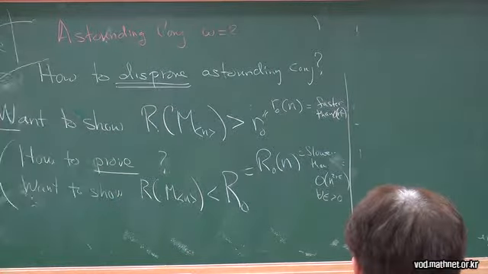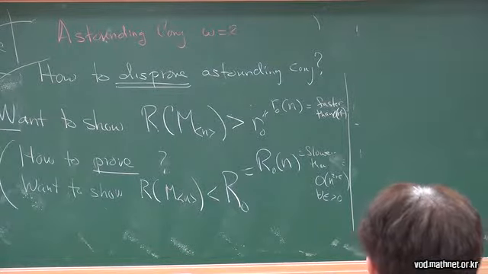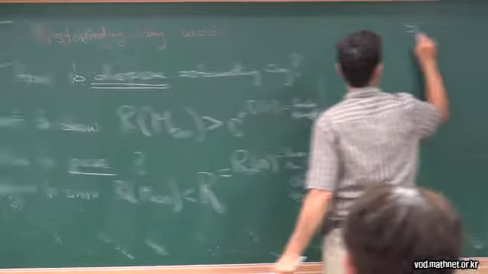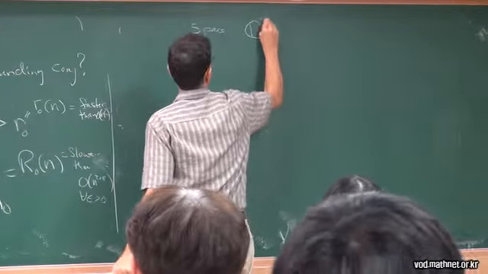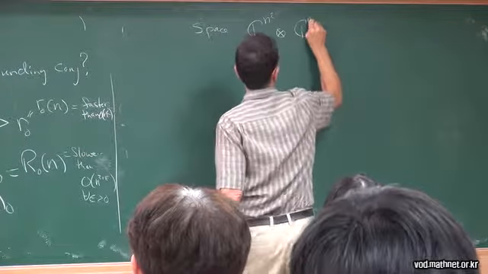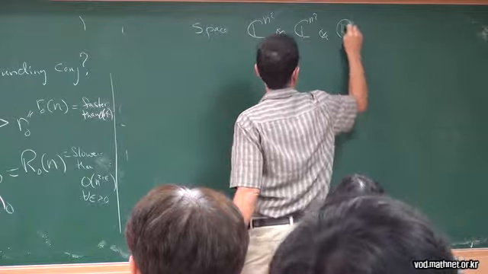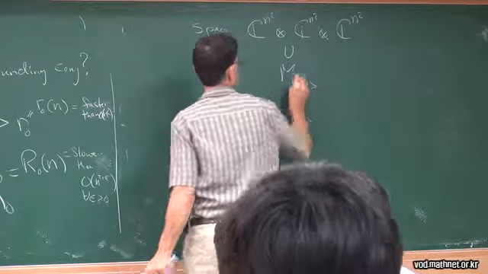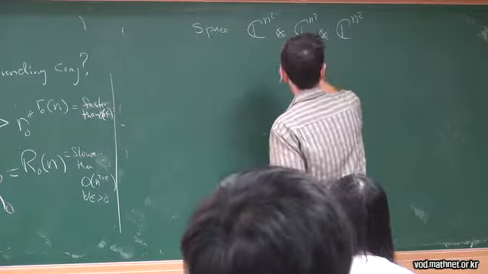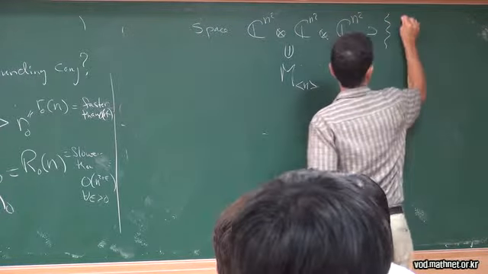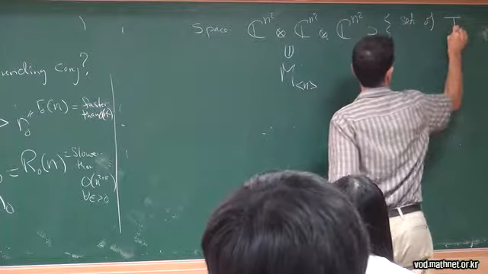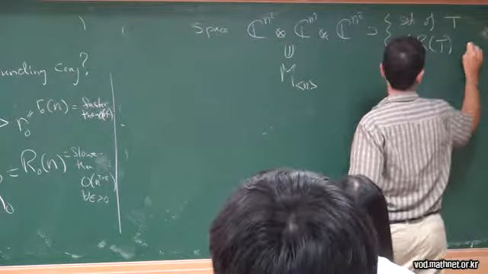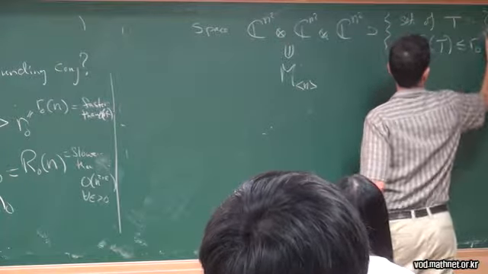So here's the idea. We have our space, Cn squared tensor Cn squared tensor Cn squared, and we have our point in that space. Also inside this space, we have the set of T with rank of T less than or equal to R0.